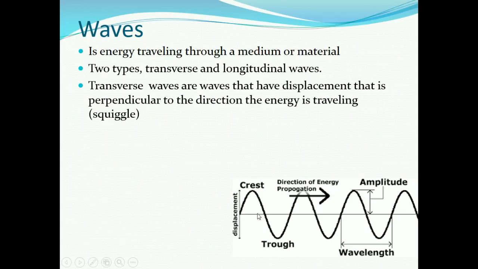So the displacement, or the amplitude, is the farthest distance the wave travels away from the equilibrium. And the wavelength is the length of one complete cycle of a wave.